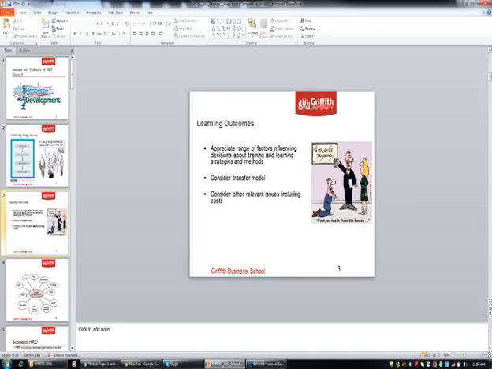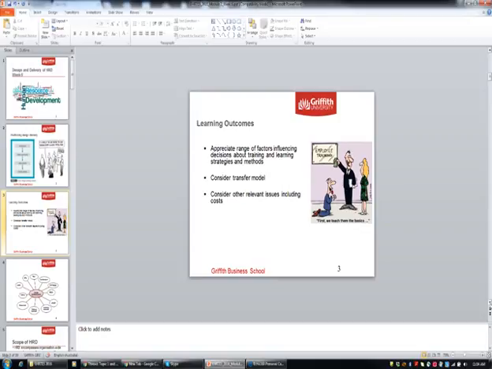We're also going to look at transfer, because transfer out of a training situation is critical. If you obviously can't apply what you've learned back at work, then it's not really worth doing. So it's really looking at how you might transfer.